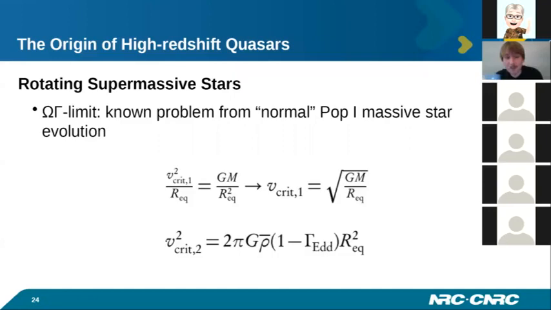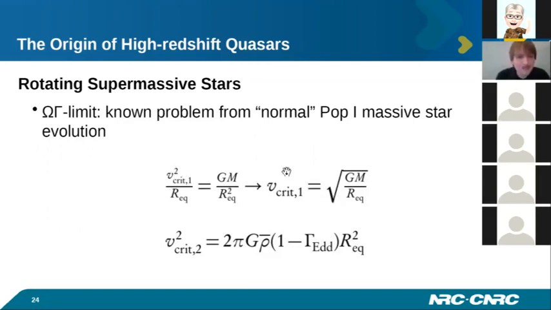Now, there are a number of other complications to this. One of them that I mentioned earlier is, of course, rotation. There's a known problem from trying to grow POP1 stars up to very, very large masses, which is that if you're accreting mass, you're also presumably going to be accreting angular momentum. If you accrete a lot of mass, you accrete a lot of angular momentum, and that could conceivably spin these stars up to the breakup limit, to the point where they're shedding mass.